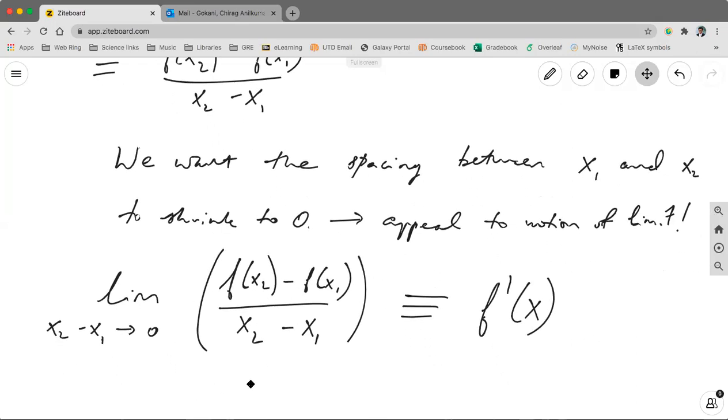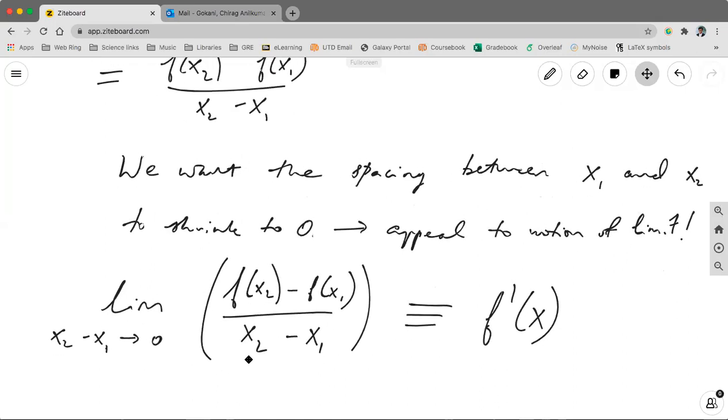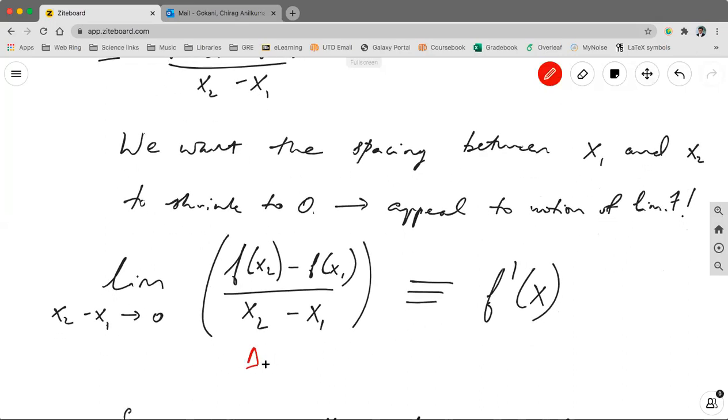So remember when we were talking about slopes, we had deltas, so we could have called this delta y over delta x. When you have derivatives, when you take this limit, your slopes become instantaneous, and you conventionally replace the deltas with d's.